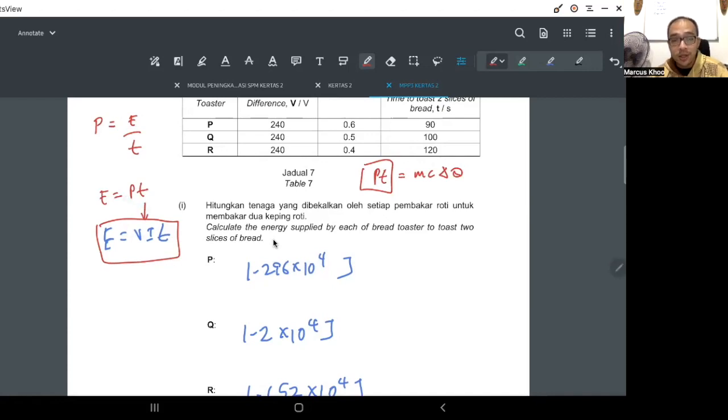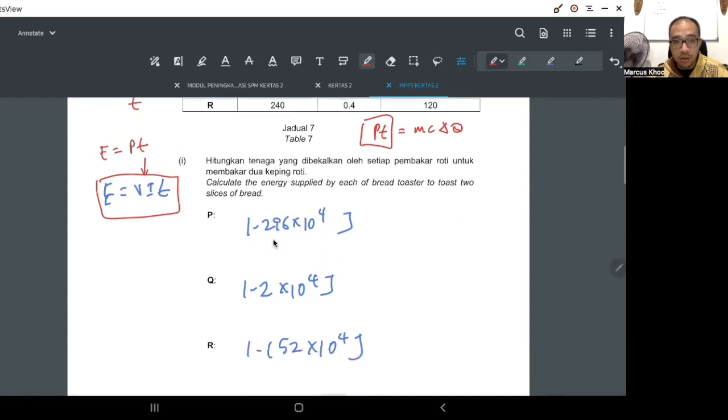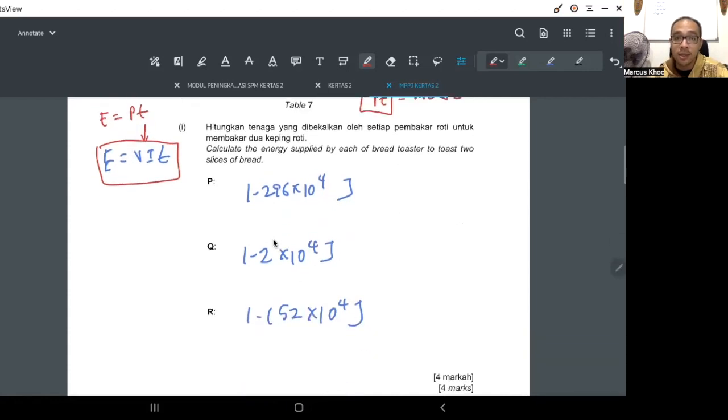Okay, so when you calculate all this, you should get P equals 1.296 times 10 to the power of 4 joules. Q is 1.2 times 10 to the power of 4 joules, and R is 1.152 times 10 to the power of 4 joules. So you see the energy supplied by each toaster.